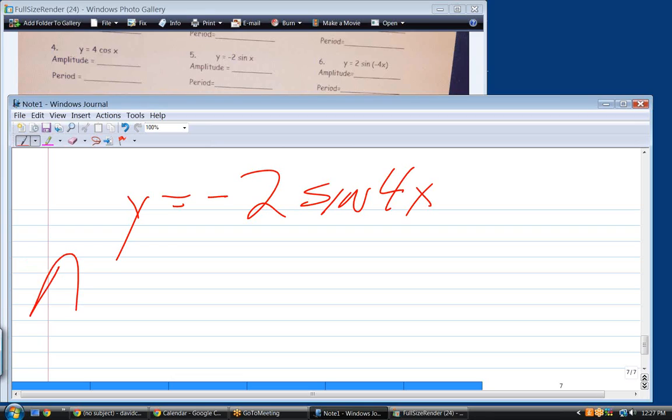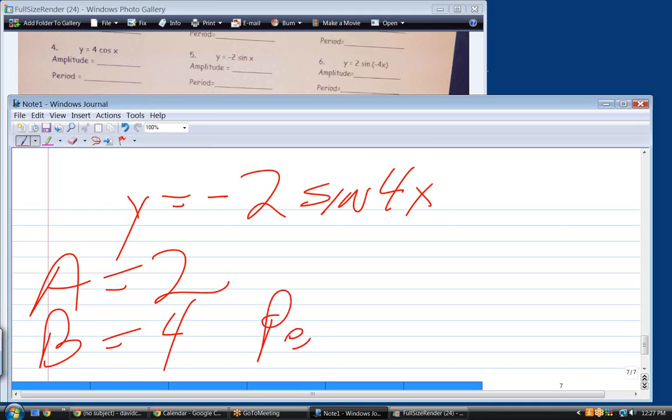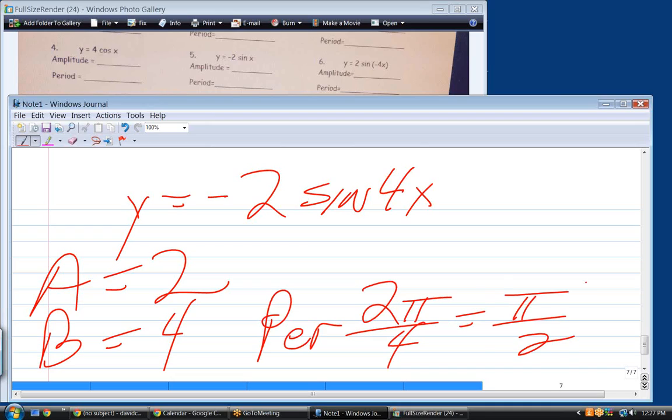So the amplitude here is 2, B is 4, what's the period? 2 pi over 4, which is pi over 2.